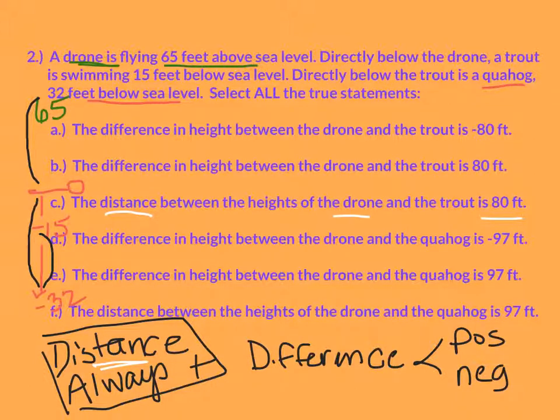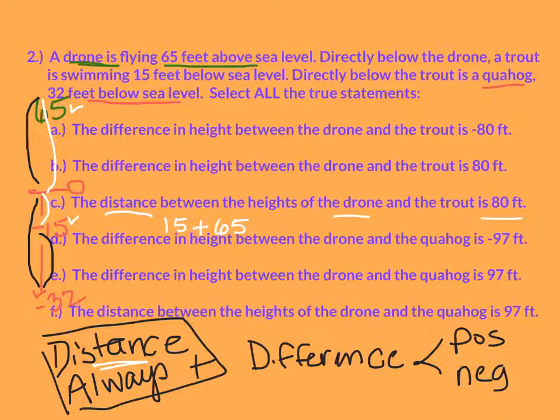Okay, so that means we're going to look at the drone, which is right here at positive 65, and the trout is here at negative 15. So the distance from 0 to negative 15 is 15, and the distance from the drone to 0 is 65. And this is not dependent on the order. We're just looking at that distance from 0 each time.